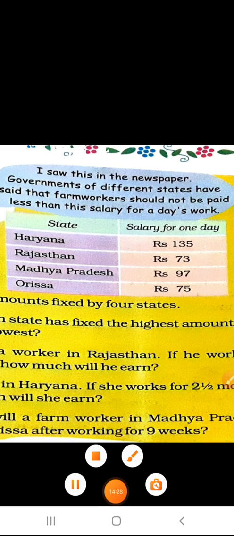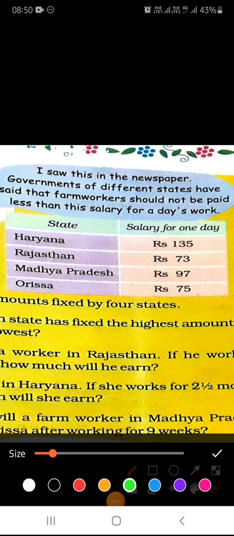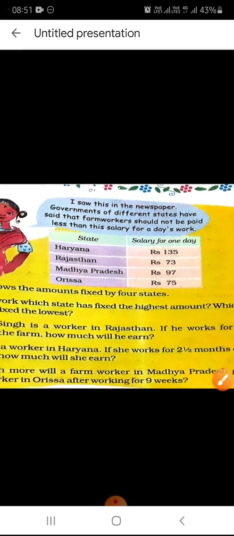From here you can see that in Haryana state 1 day salary is 135, meaning a farm worker will get 135 per day for doing work in the farm. Similarly in Rajasthan it is 73, in Madhya Pradesh it is 97, and in Orissa it is 75 per day. So these are the salaries of farm workers in one day.